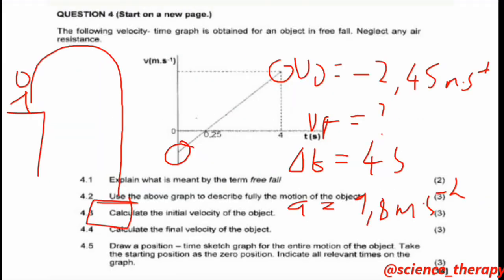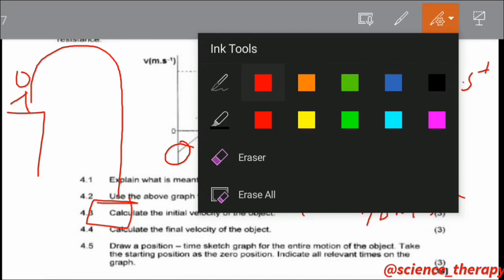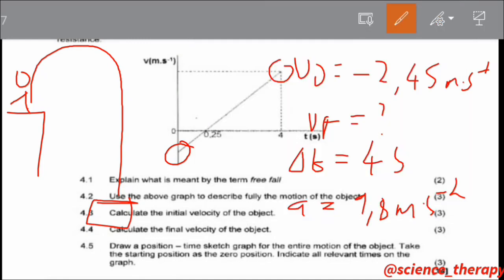Now we have 4.5. It says draw a position time sketch graph for the entire motion of the object. Take the starting position as the 0 position. Indicate all relevant times on the graph. Now, okay, for this one, they said take the starting position as the 0 position.